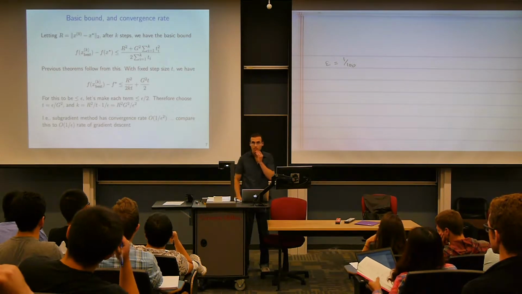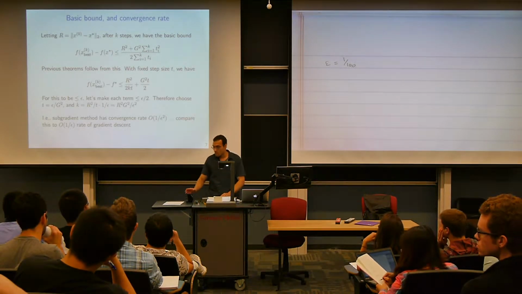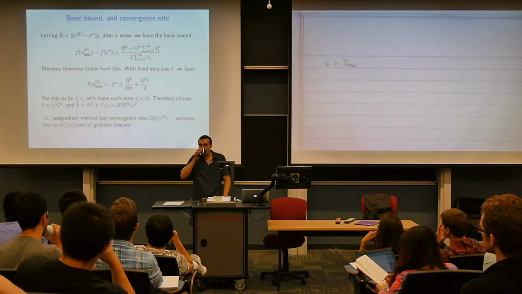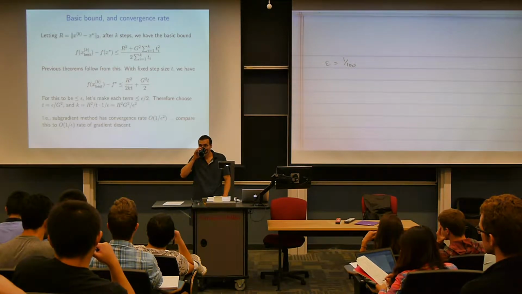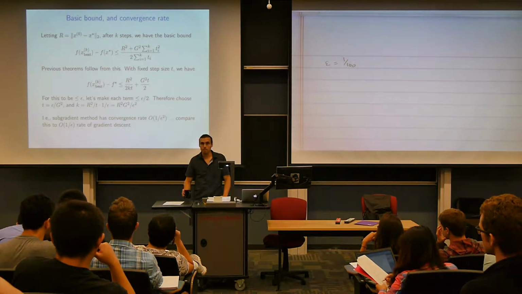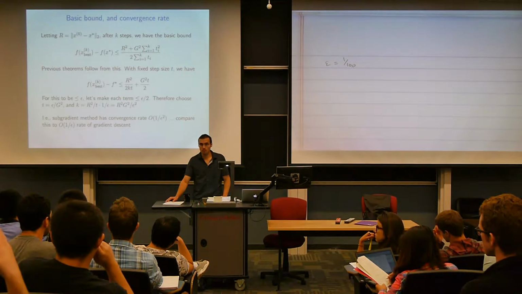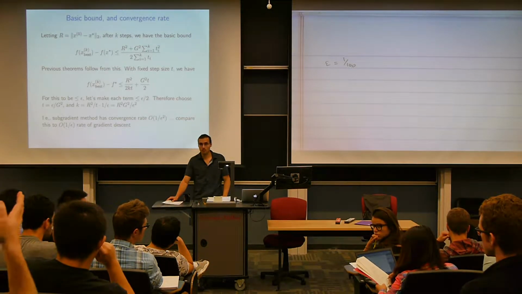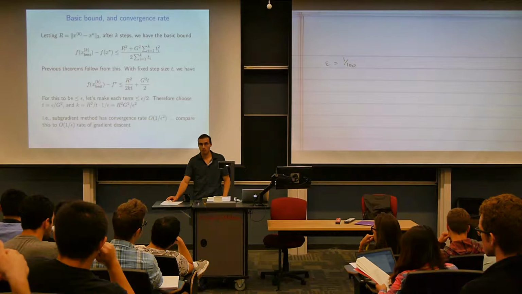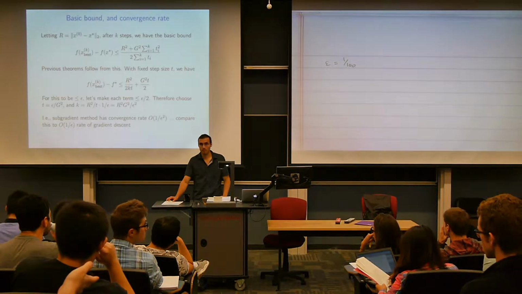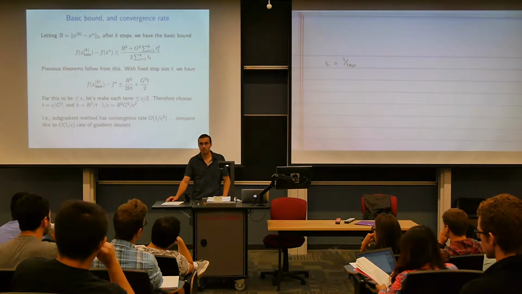Yeah? If f is Lipschitz, then it's differentiable almost everywhere. So with probability 1, every subgradient is also going to be the gradient. Well, not every, but every point that your algorithm traverses, with probability 1, you're going to just be using gradient descent.